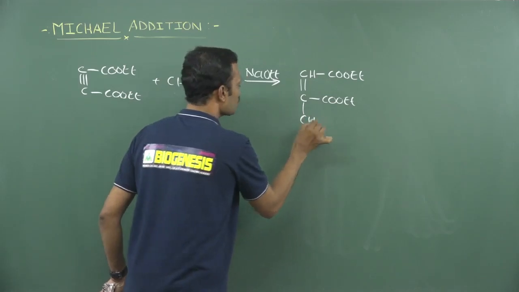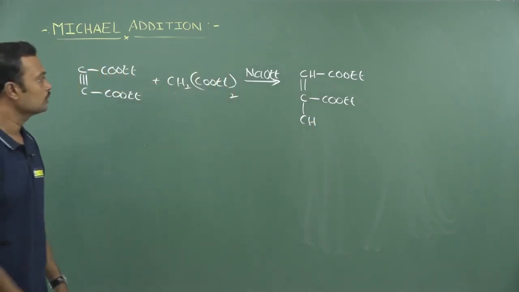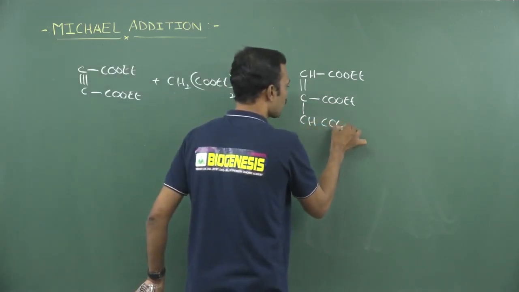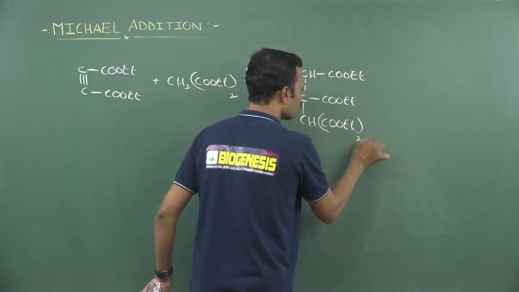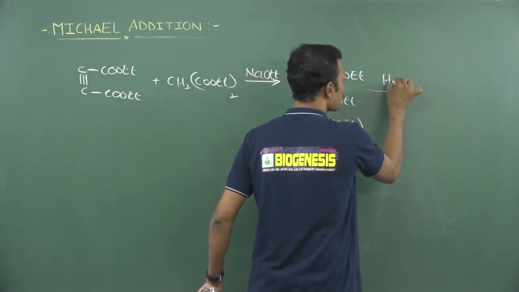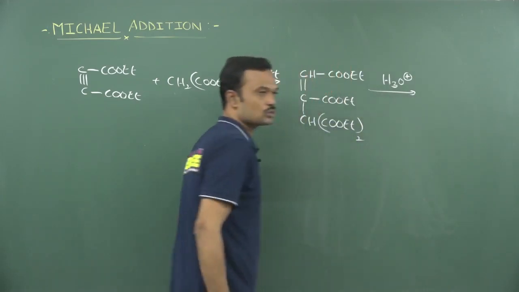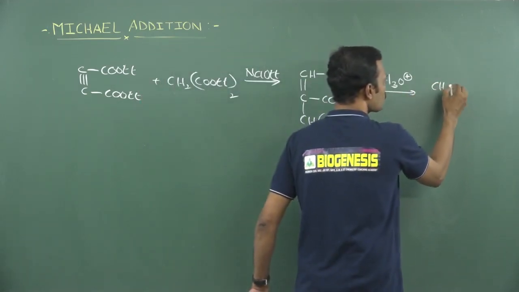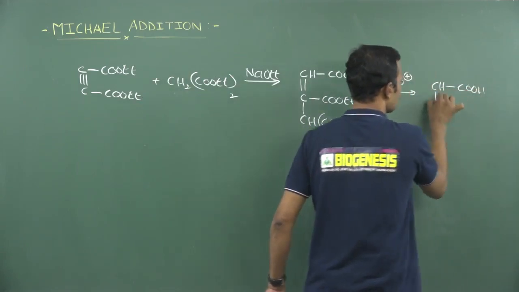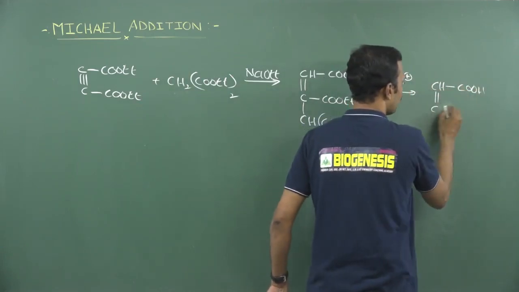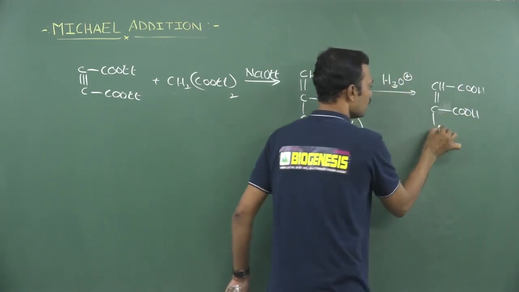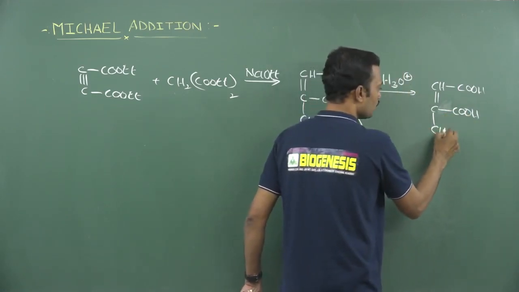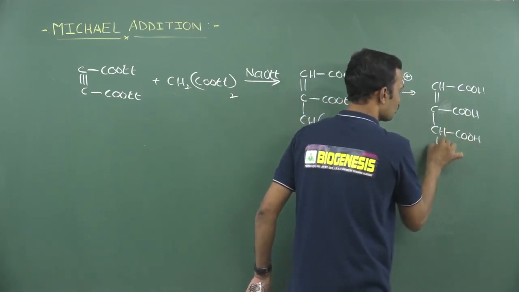Now here CH, if you remove one hydrogen it becomes CH and here 2 esters are present, so we can write COOEt taken 2 times. Can I repeat this answer here? Acid hydrolysis, hydrolysis in presence of an acid. Now these esters get converted to carboxylic acids, with a double bond, and here it is attached to COOH, and here also this carbon carries 2 carboxylic acid units.